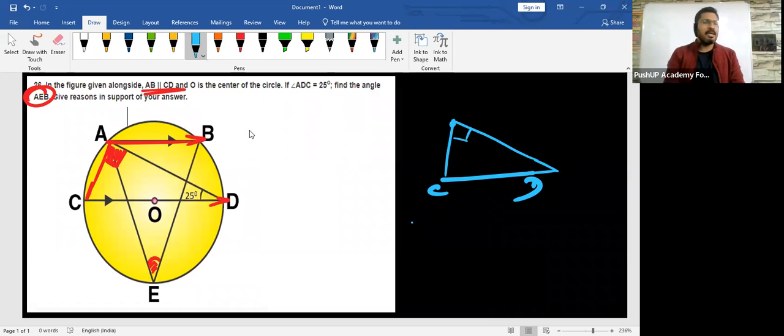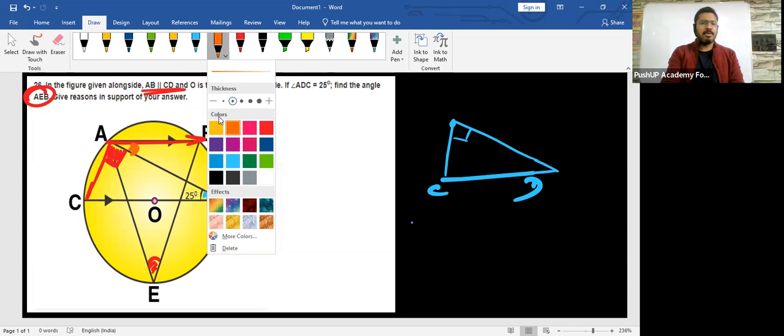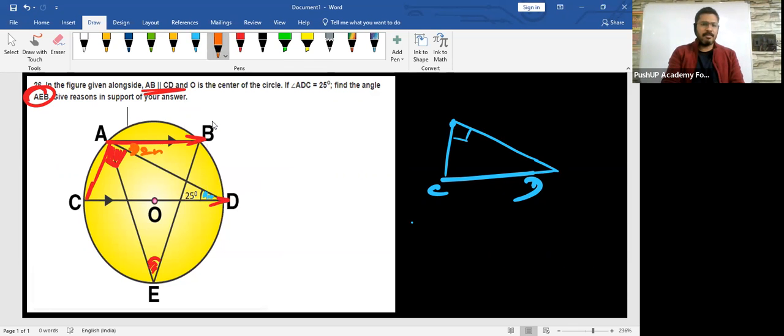So angle CAD is 90 degrees. That part is clear. Now children, you know AB and CD are parallel to each other. Hence, if this angle is 25 degrees, this angle will also be equal to 25 degrees. So I will label it here, 25.